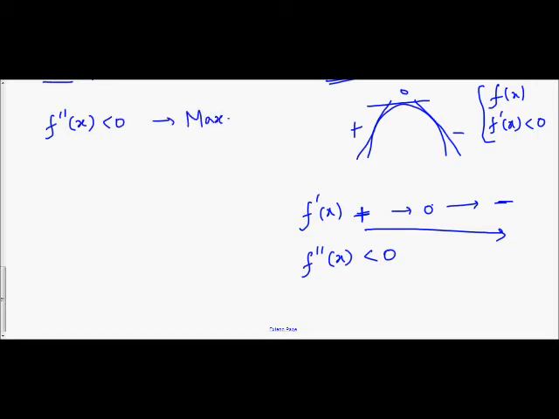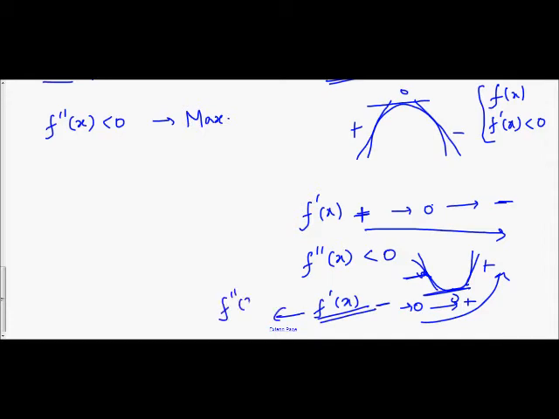In the other case, when you have a minimum, the function f dash x starts from negative. Here it is negative, here it is 0, and here it is positive. So it's negative to 0 to positive, which means it's increasing. If f dash x is increasing, its derivative, which is f double dash x, is positive. Therefore, if f double dash x is positive, you get the minimum point.